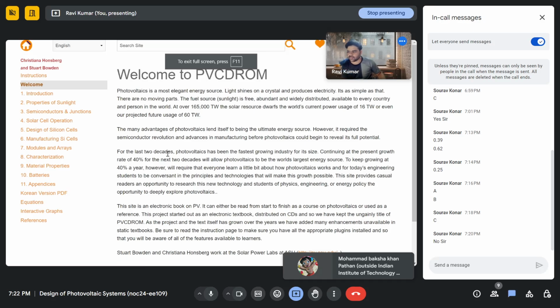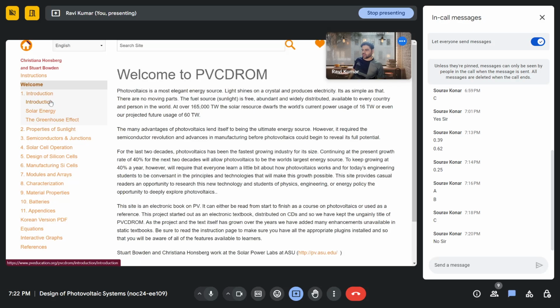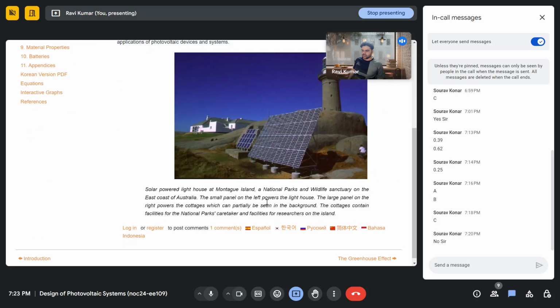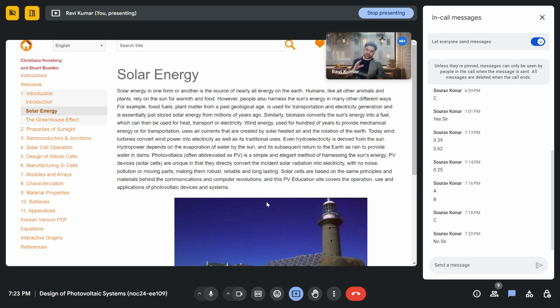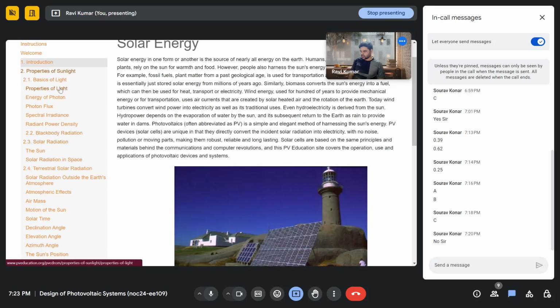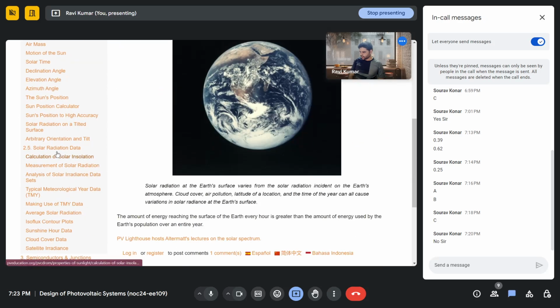So this is the PVCD-ROM. Starting from the beginning, that is solar energy, what is solar energy and all. This website is dedicated to solar photovoltaics, even from the first thing, the sunlight or solar energy. It goes to the properties of sunlight and black body radiation, and you will get more animations and interesting things here.